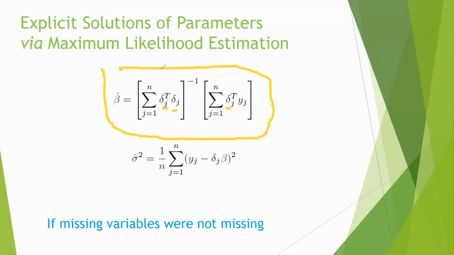We just use the MLE, maximum likelihood estimation, to get a very nice and close solution for this guy and this guy. It's very clear. Unfortunately, we cannot do this because this information is not known, right? So that's why we're going to use some other strategy to help us solve this problem.